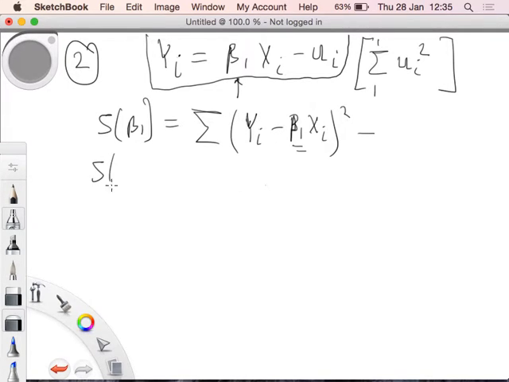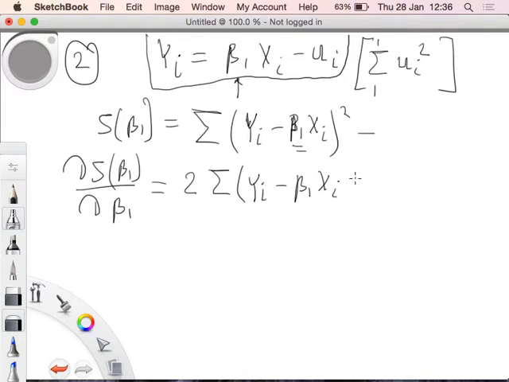And from your mathematics classes you know that you need to take derivatives, partial derivatives with respect to the unknown, to find the value that would minimize this function. Let's do that. Take the derivative with respect to the unknown, then you get 2 times yi minus beta 1 xi times minus xi.